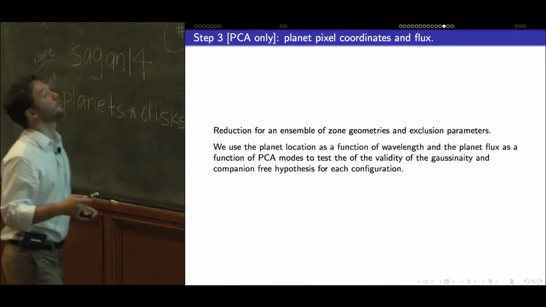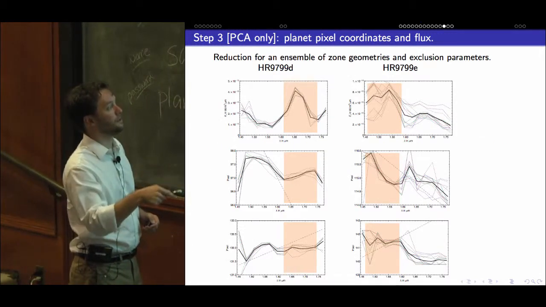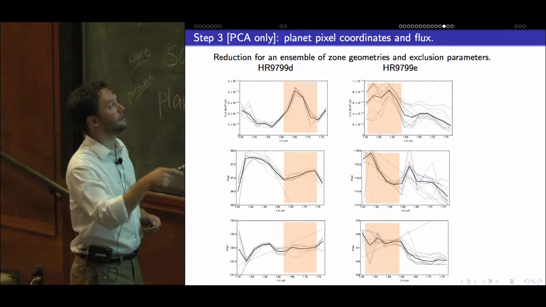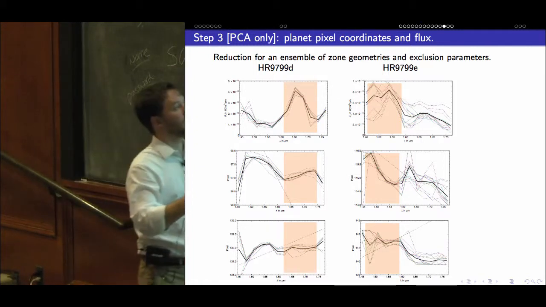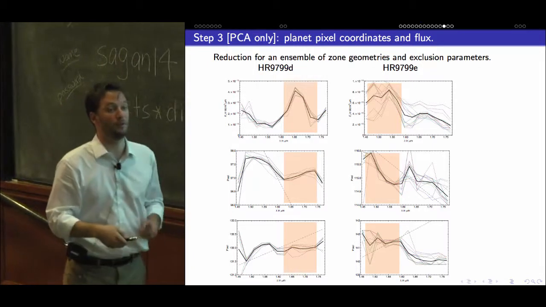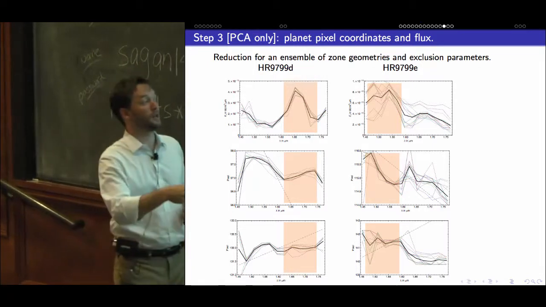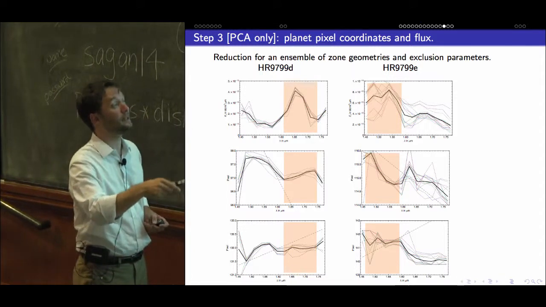I just haven't had the time to put it on this slide. This is for HR8799D. Now this is starting to be lower SNR, so there is a little bit of junk here, but still, this is not following the trace of the speckle. And for HR8799E, this is starting to be a very, very marginal detection. But as far as astrometry goes, this is pretty flat. This is actually not flat. This is a little scary.